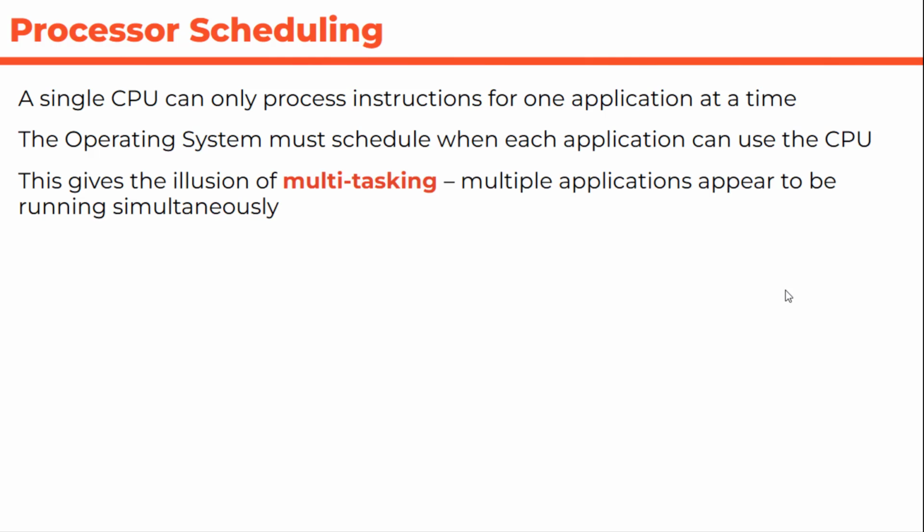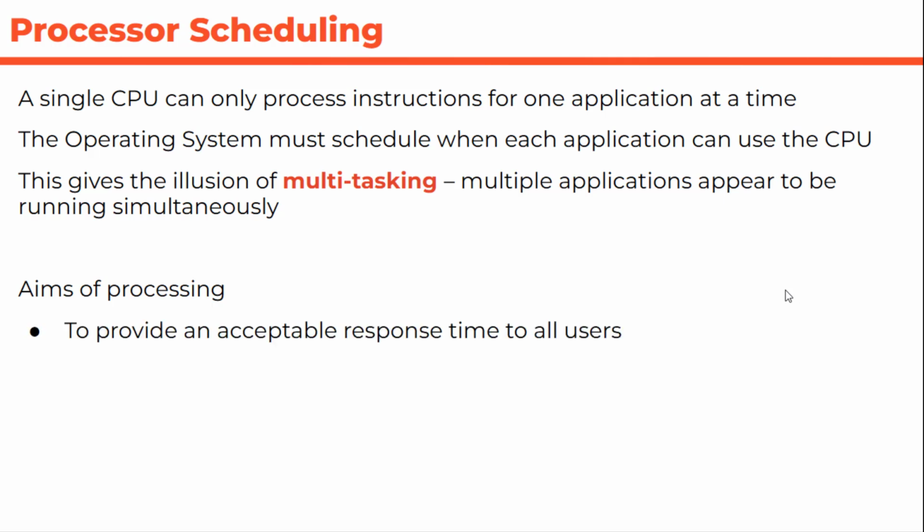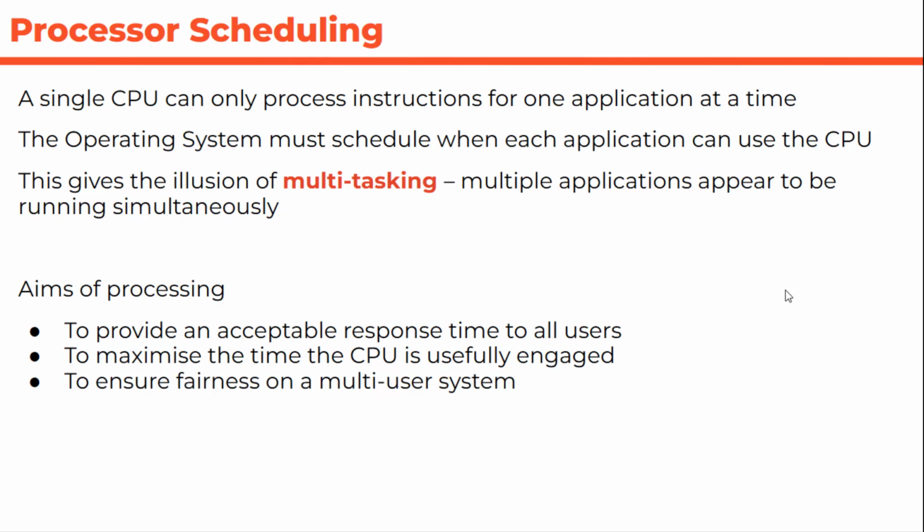This gives the illusion of multitasking, the illusion that applications are running simultaneously, but they're not. It's swapping things in and out of the CPU extremely quickly, and it gives that illusion that you're running more than one thing. What are the aims of processing? To provide an acceptable response time to all users, to maximize the time the CPU is usefully engaged, and also to ensure fairness on a multi-user system.